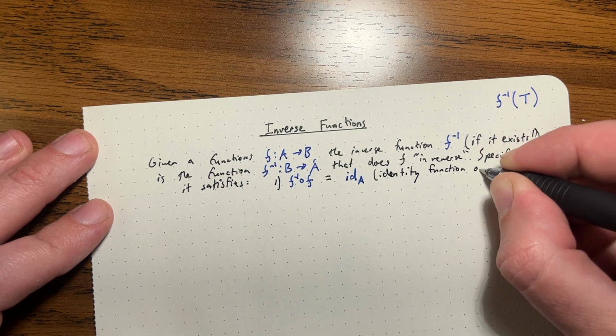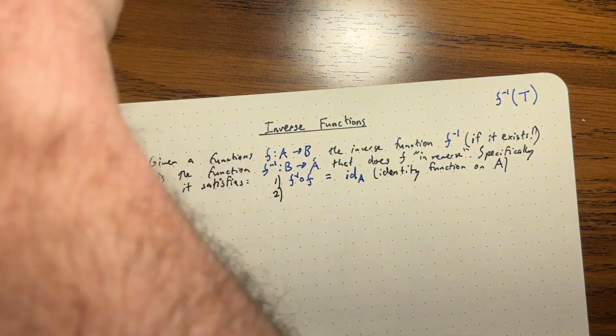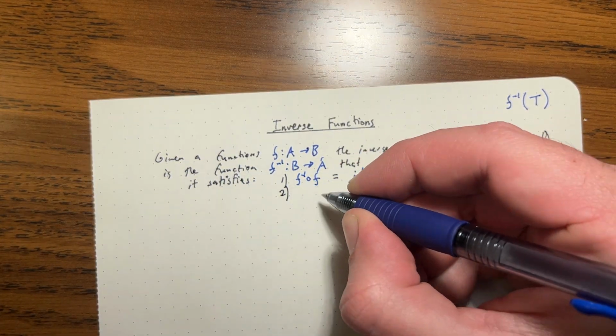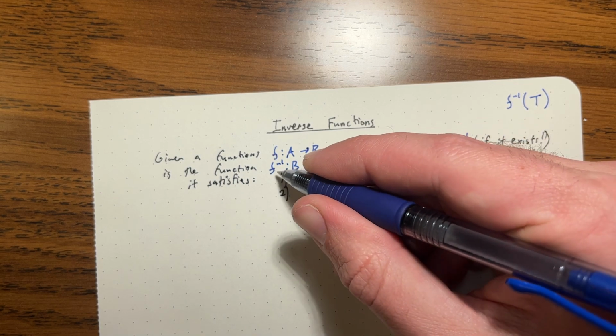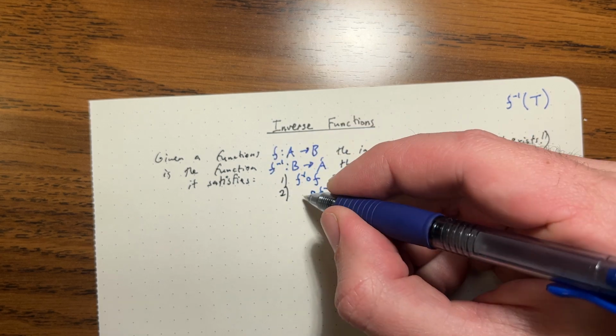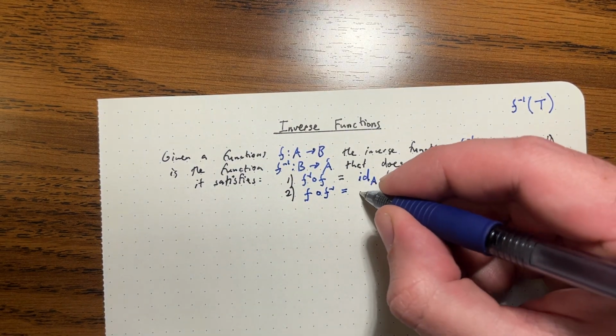Okay. So that's what we would expect from an inverse function. We would also expect, and we really want both of these things to call it an inverse function, if we started in B and then applied f inverse, we're in A, then let's apply f and go back to B. Well, what should we expect? We should expect to get back where we started.